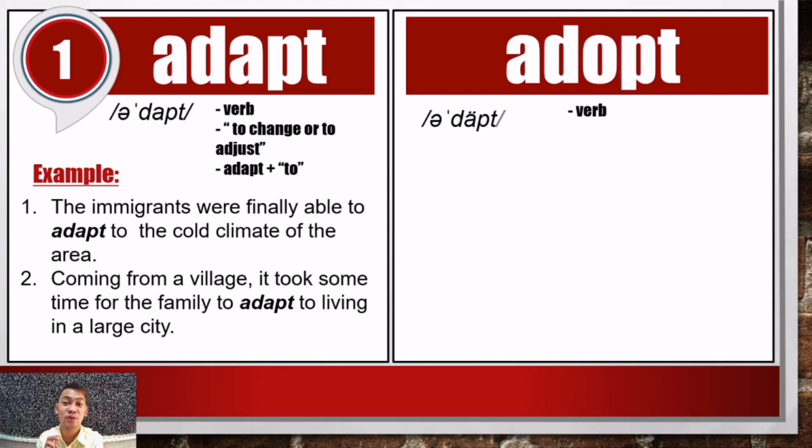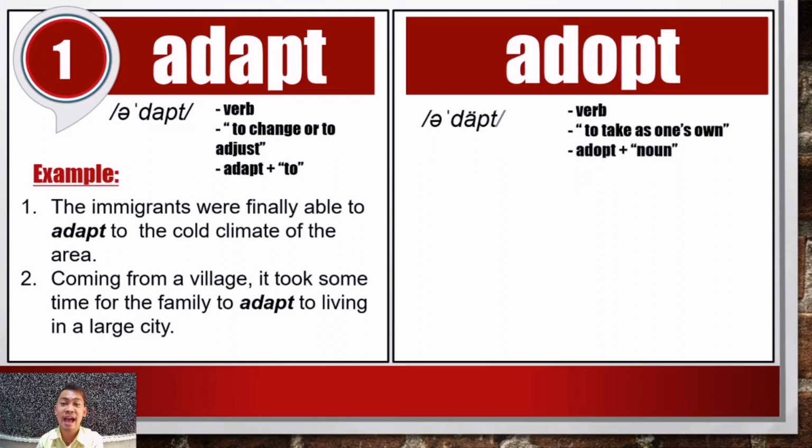You have to always remember that the word adapt, which has all of the A's, means to change or to adjust, and it is followed by preposition to. Now, when we talk about the word adopt, if you're thinking of a child or a deserted child or an orphan or a pet that is needed to be taken as one's own, then you are referring to the word adopt.